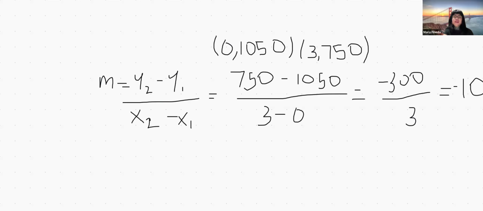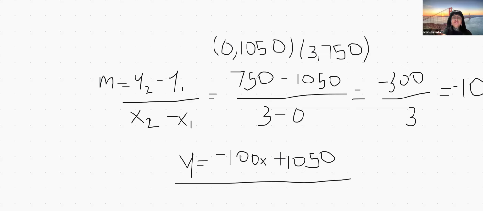So this would be considered the first step, and the equation for this now would be y equals negative 100x plus 1050. So this would be the first segment.